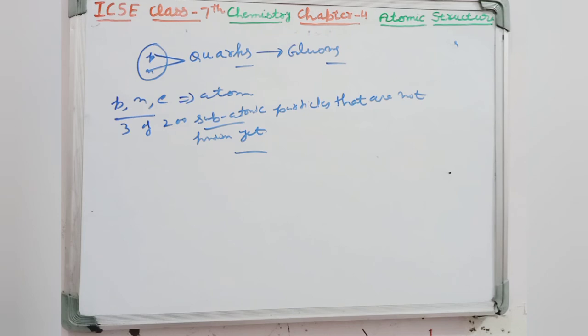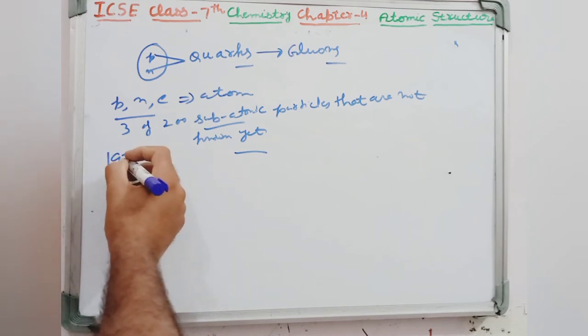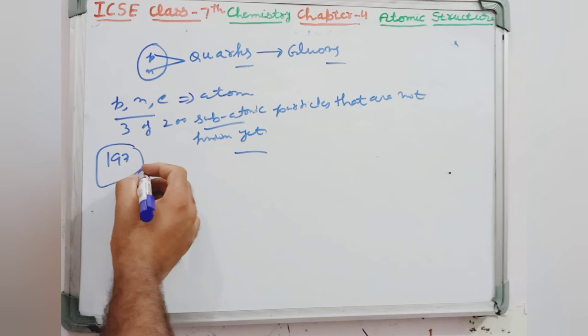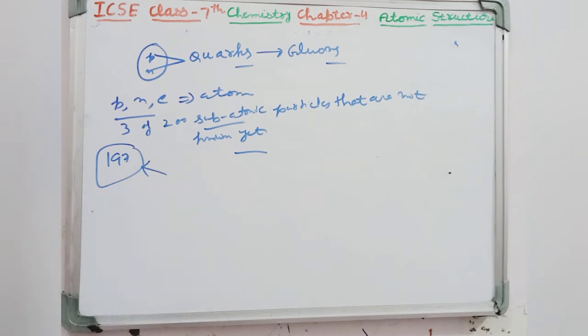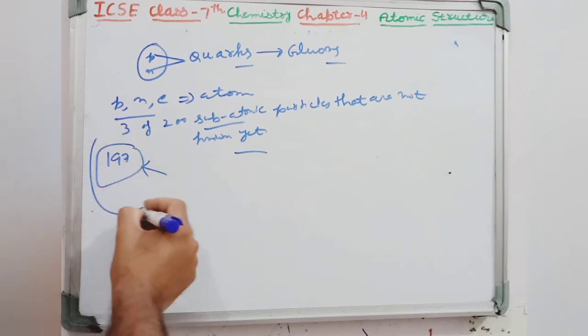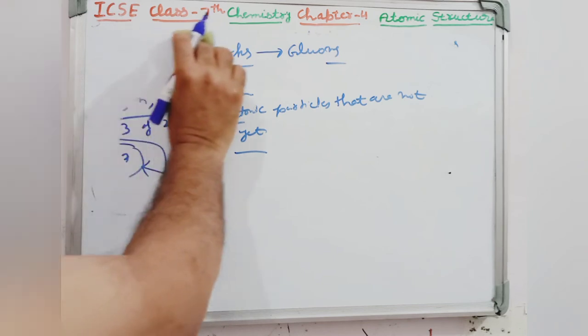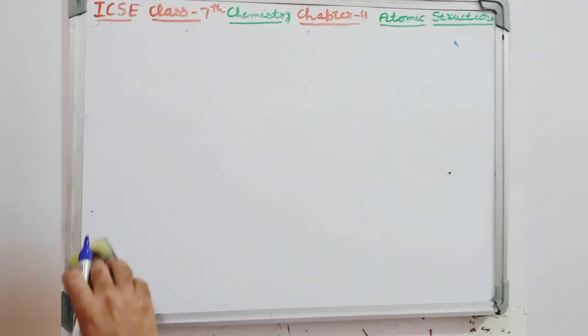Right? You have to find out 197 more subatomic particles. So if you move further into research in chemistry, this could be your area of research, these 197 particles. Now this was just for your GK, general knowledge purpose.